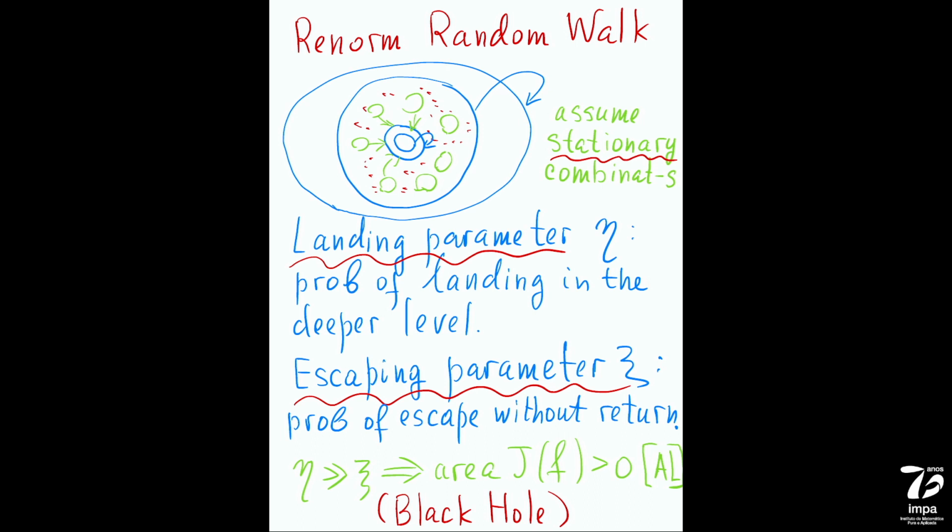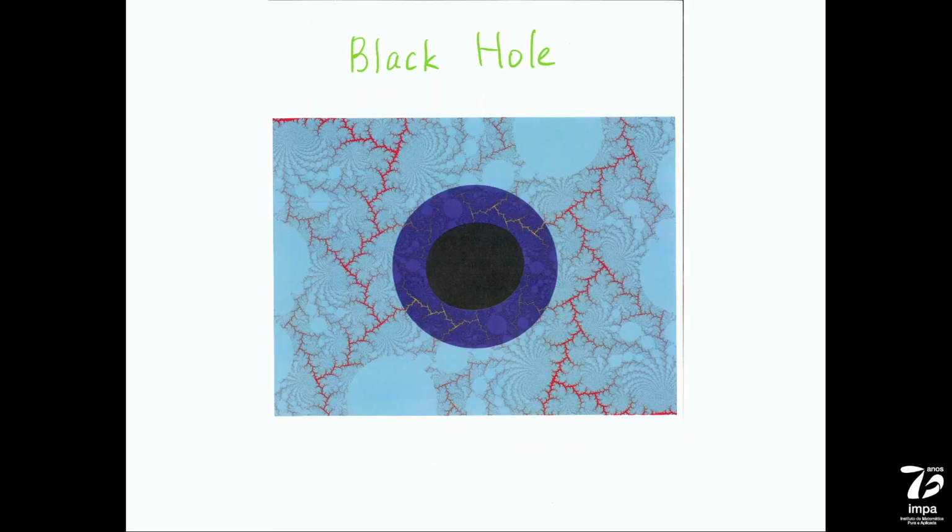And if going deeper dominates over going up, then you observe a Julia set of positive area. It is very well quantified in our work with Arthur, and then we were able to produce a real, actual example of this type. That is a picture of this example that we call the black hole.